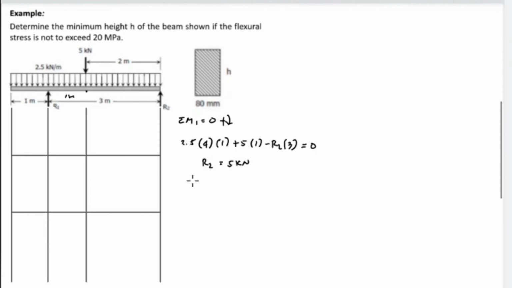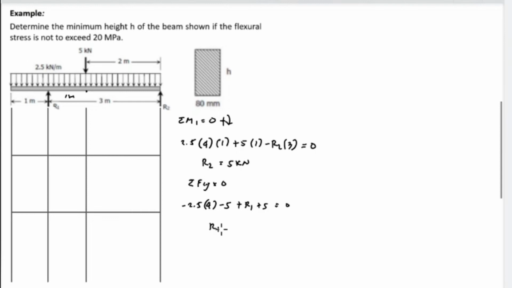And then summation of forces along y is equal to 0 to find the value for R1. So we have a uniform load, which is 2.5, and the total length is 4 meters, and the direction is downward, so negative sign, and a concentrated load of 5 kilonewton, and the direction is also downward, so negative 5, and the reaction 1, which is upward, so R sub 1, and reaction R2, which is 5 kilonewton, and it is upward, so therefore it is plus 5, and equate that to 0.